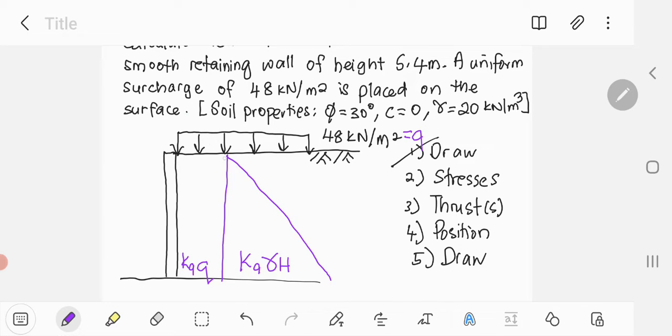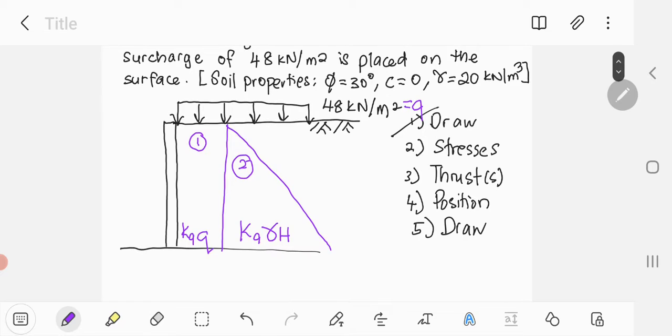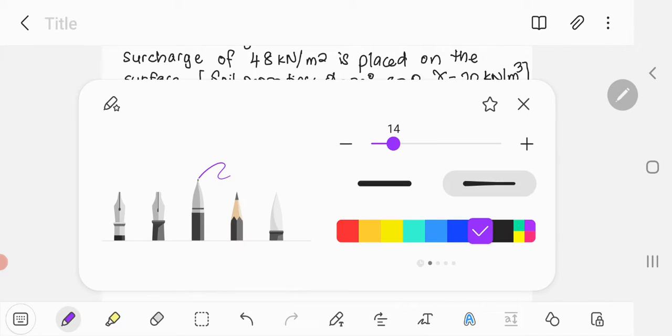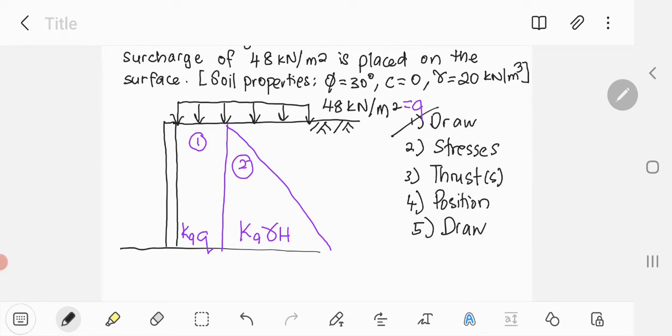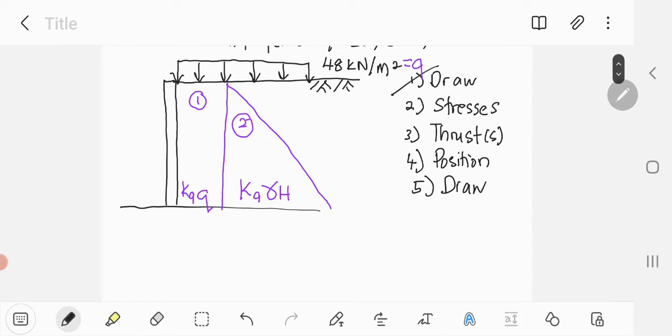So you have the correct drawing right now, but then we must identify how many elements. We have 1 and 2. So we need to calculate based on these two elements. Okay, in this case, because we have one layer, you can calculate the value of Ka first.